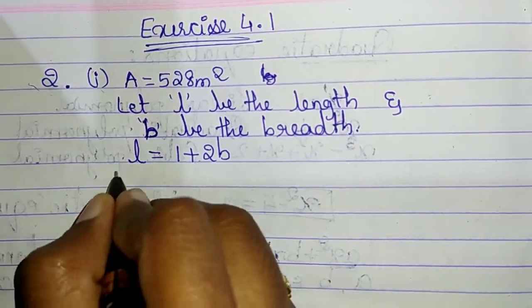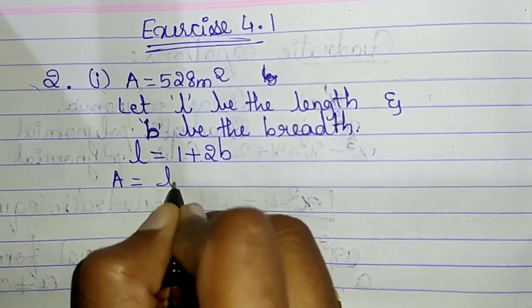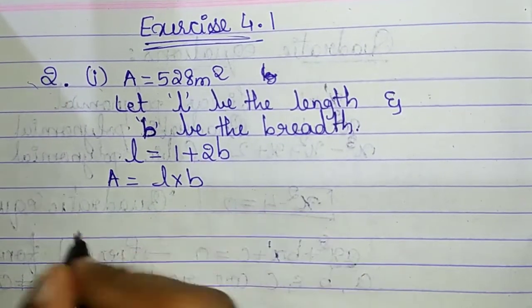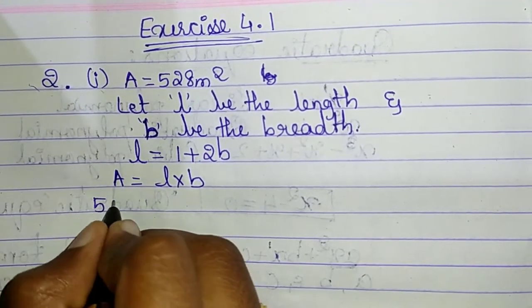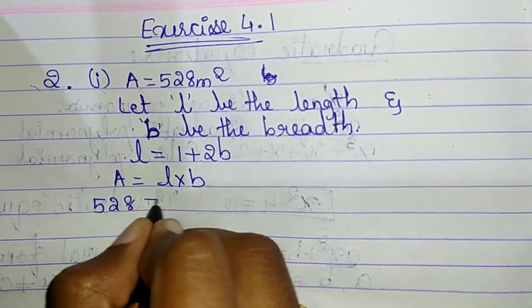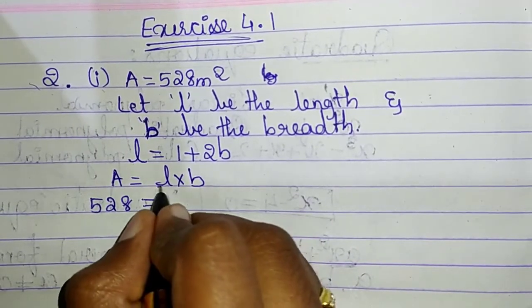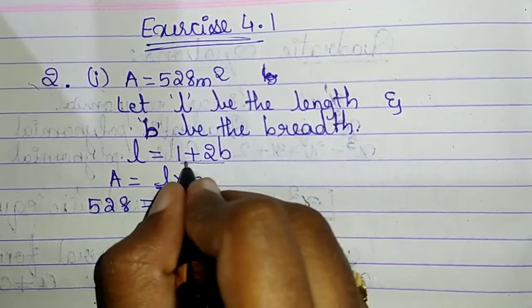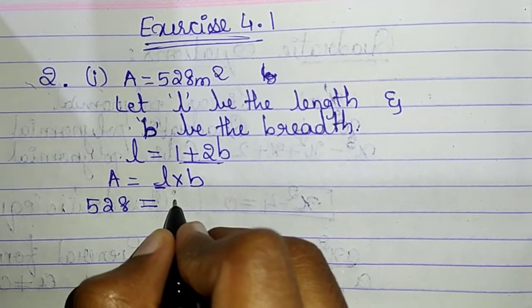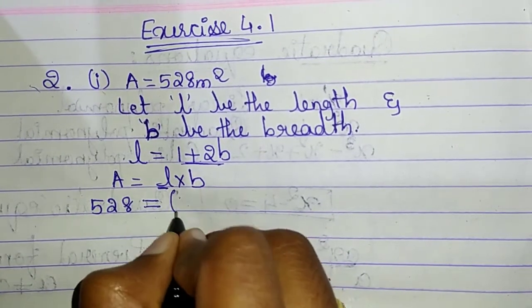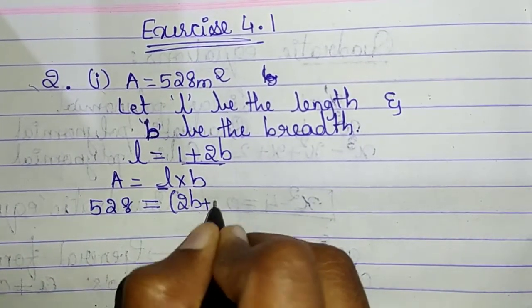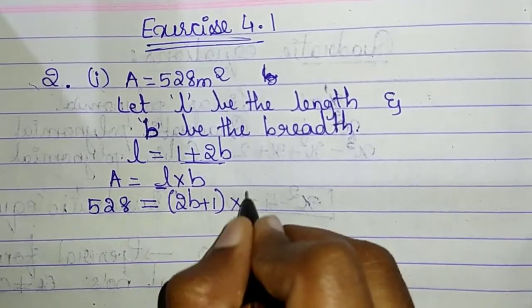Now we know that area is equal to length into breadth. So the value of area A is 528 m^2, which is equal to, we can rewrite length in terms of breadth as 1 + 2b or 2b + 1. So length is 2b + 1 and breadth is b.